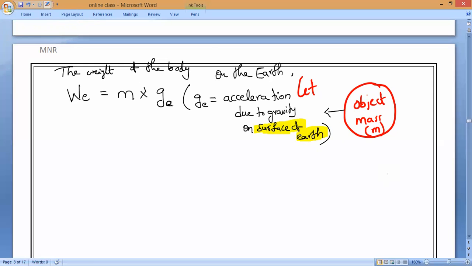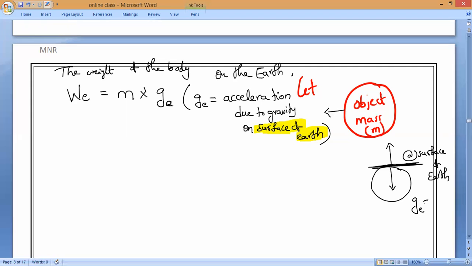Because gravitational force is maximum at the surface of it. Yes, because when you are going up, g decreases, and when you are going down, g also decreases. Where is it maximum? At the surface. So all of you should remember, at the surface of earth, g value is maximum. What is the g value?